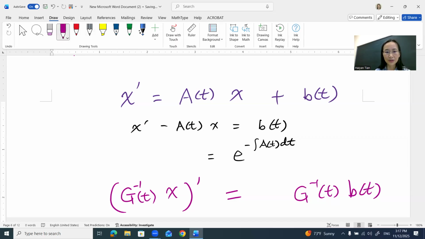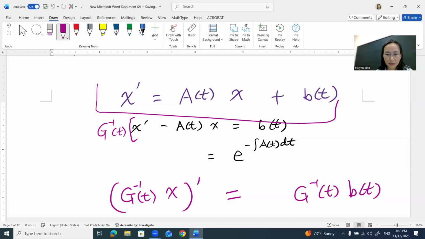So from the given problem, we multiplied both sides by G inverse t, the inverse of the fundamental matrix, and then what we're getting is this.